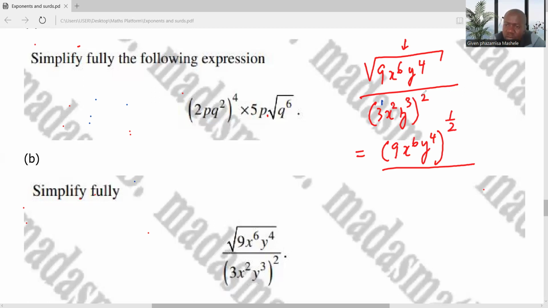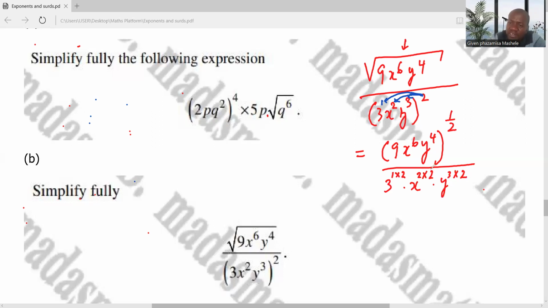So you're going to multiply inside there, 1 by 1, to avoid expanding it. So what will be the answer? This would be 3 to the exponent 1 times 2, times x to the exponent 2 times 2, times y to the exponent of 3 times 2. So we are multiplying by 2.